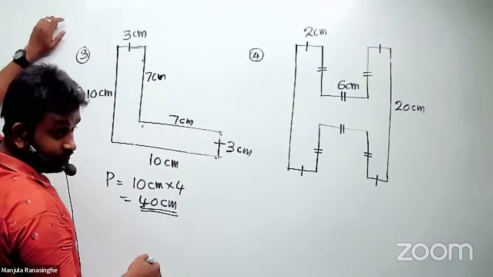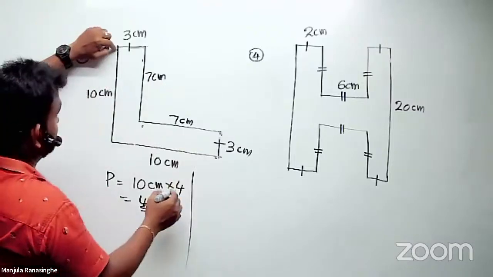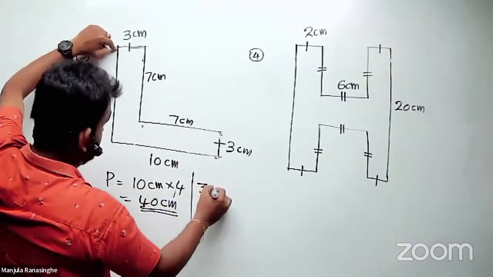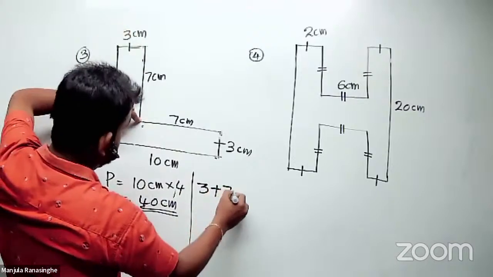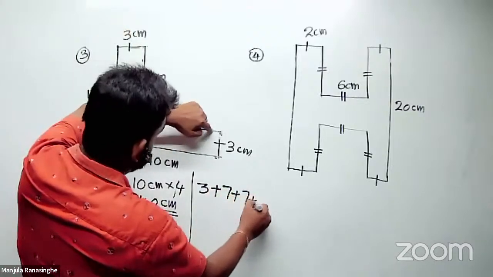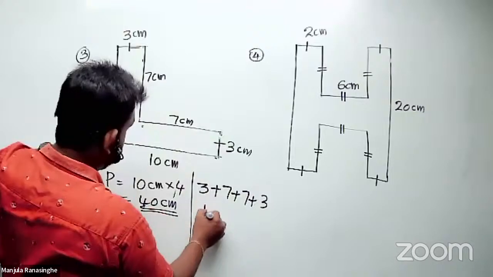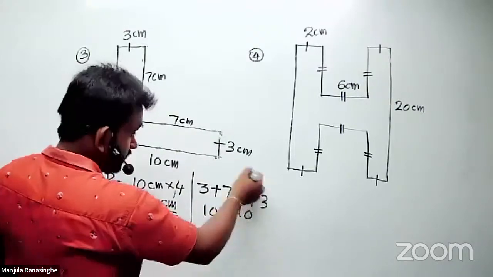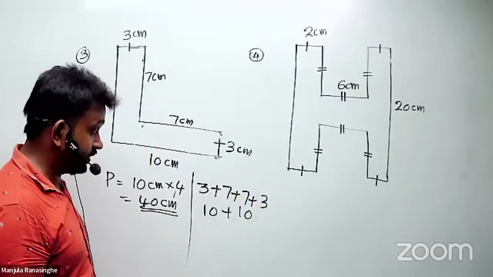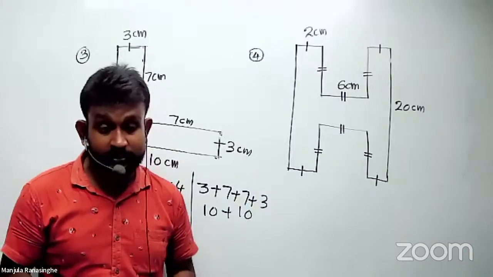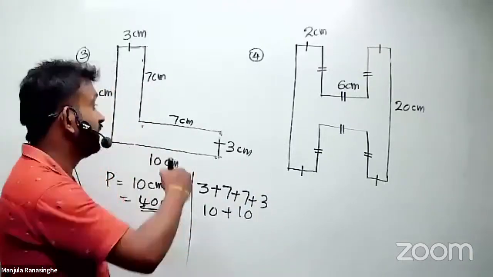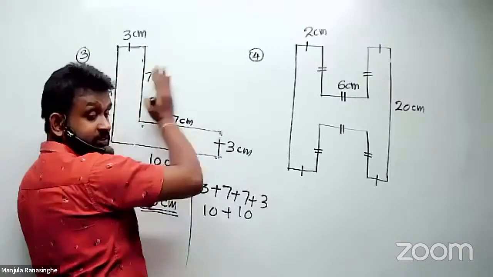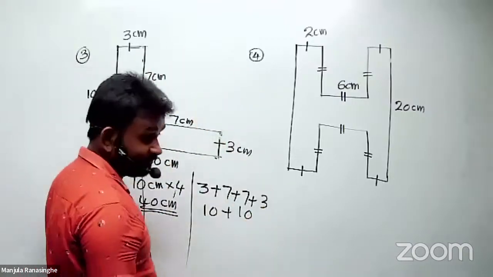Starting here: 3 plus 7 plus 7 plus 3 plus 10 plus 10. Adding all these also gives you the answer 40 centimeters. But here you can shift upward and rightward to get the sum.